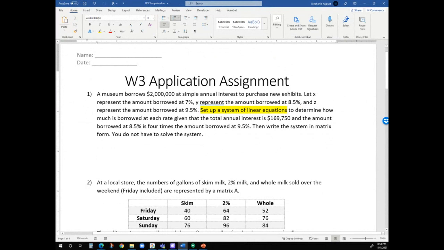So I want to see your system of linear equations. And then it says write the system in matrix form. So you need to make sure that you turn that into a matrix. You could either use the augmented matrix form or the AX equals B form, but you do have to write it as a matrix. And then it says you do not have to solve. So don't do extra work you don't have to do.